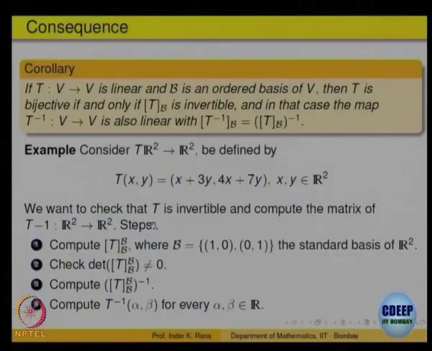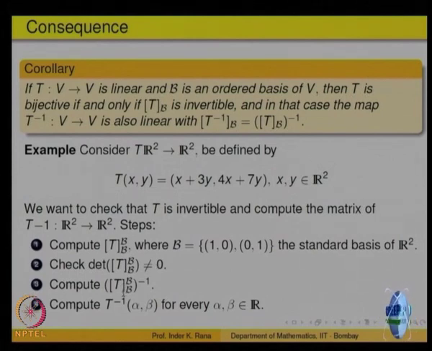So, let us come back to our topic. The idea is to compute the matrix of T with respect to the given basis. Here it is B and B both, but you can have a different basis in the domain and in the codomain. Check whether the determinant is 0 or not. If it is non-zero, it is invertible. If it is 0, it is not invertible, and the problem is over.